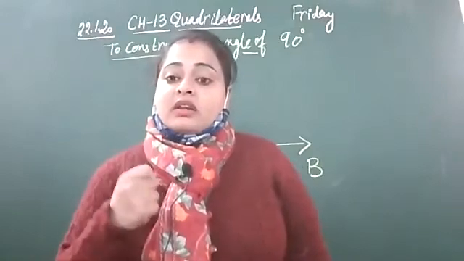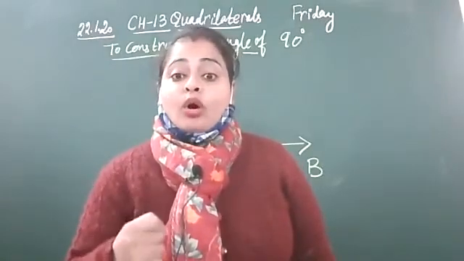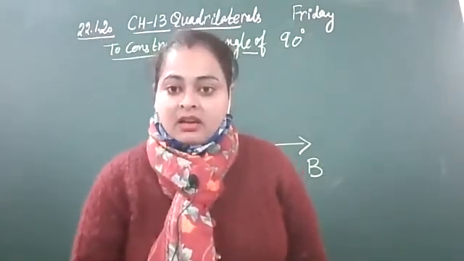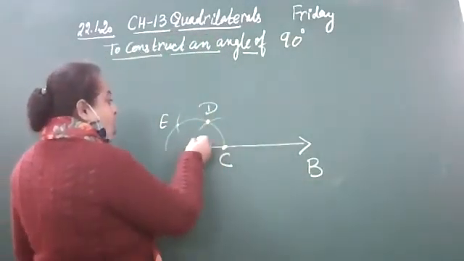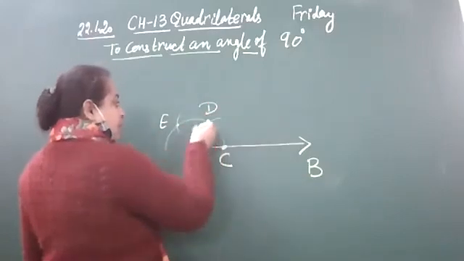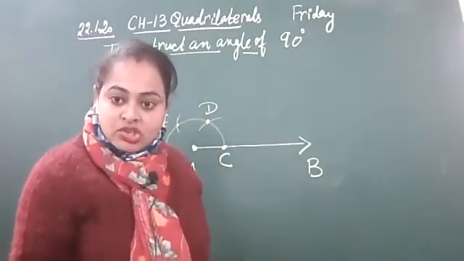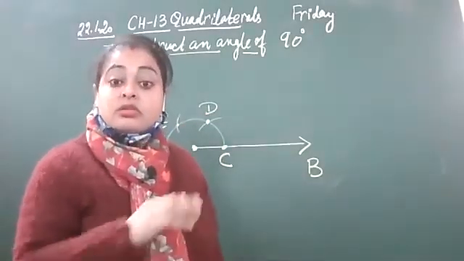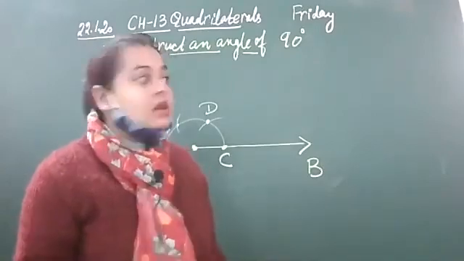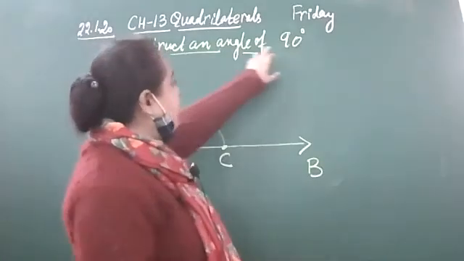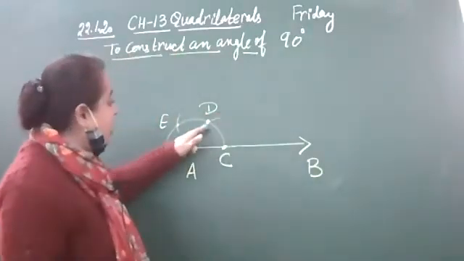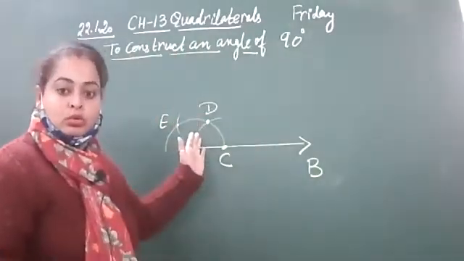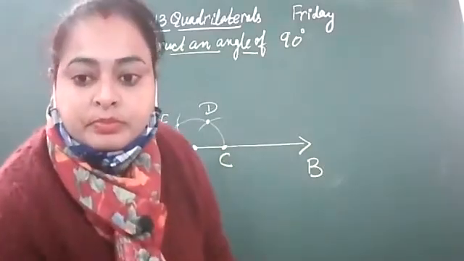If our requirement were a 60-degree angle, then we would stop here and draw a ray. But in this question, the requirement is to construct an angle of 90 degrees. So you will not draw a ray. You will continue.